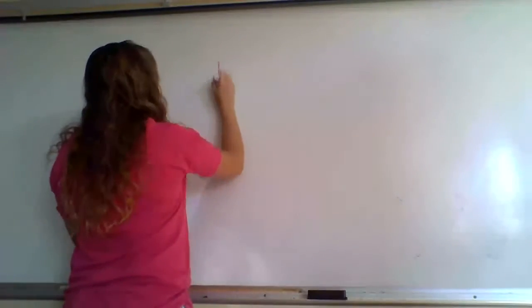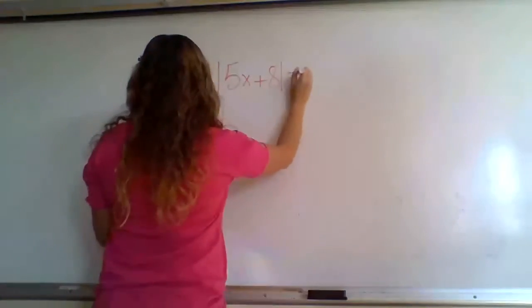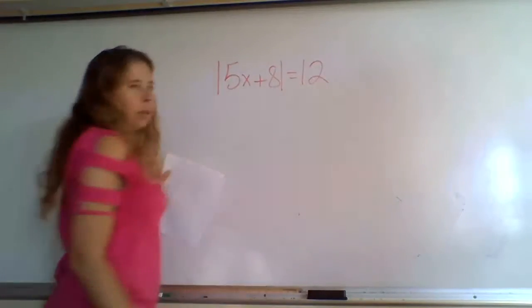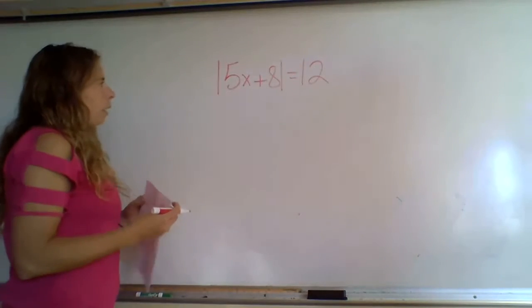So number 1, you have the absolute value of 5x plus 8 equals 12. So you're solving for x.